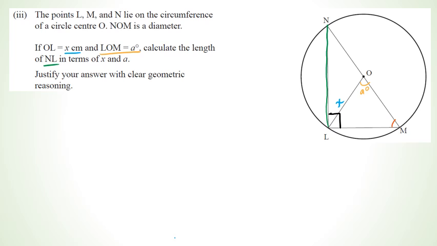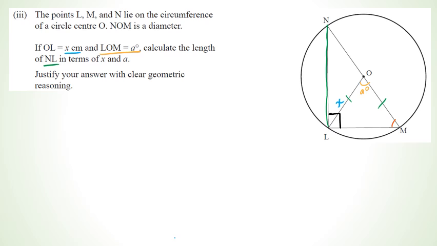Okay, so because OML is an isosceles triangle, I'm looking at this particular triangle here, it's going to be an isosceles triangle.